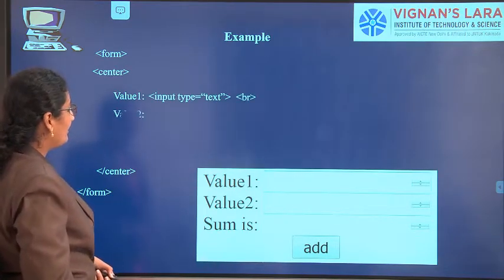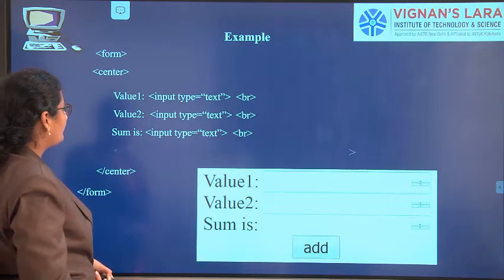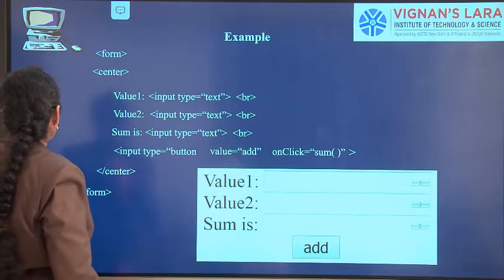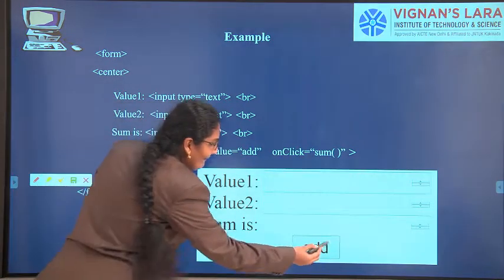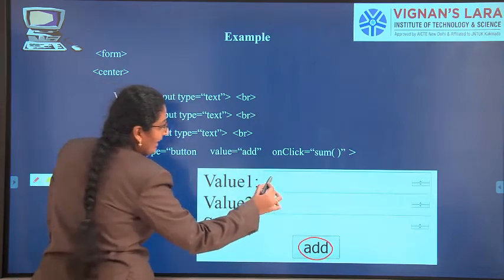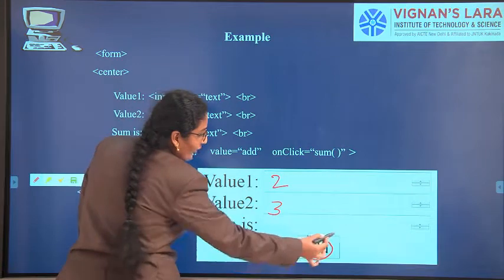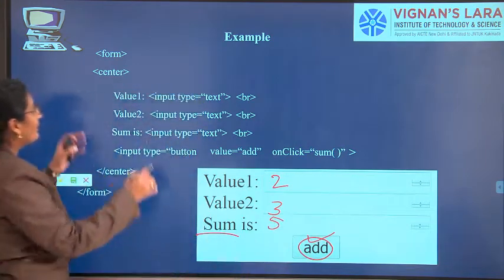See here, add is my button. I have created a button like add. What will this add do? It will add two numbers. I have given 2 and 3. Sum is my answer. By clicking on the add button, I will get 5. See the program.